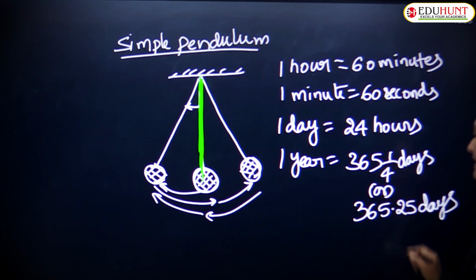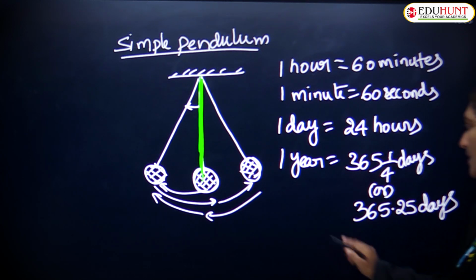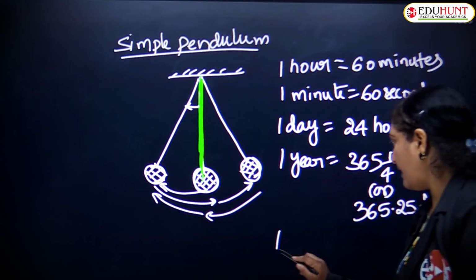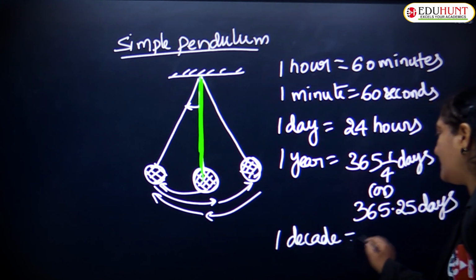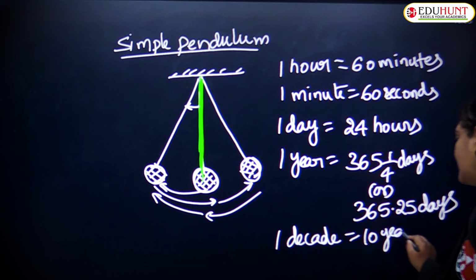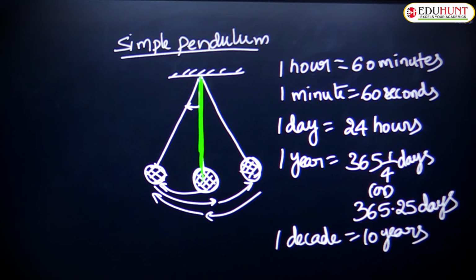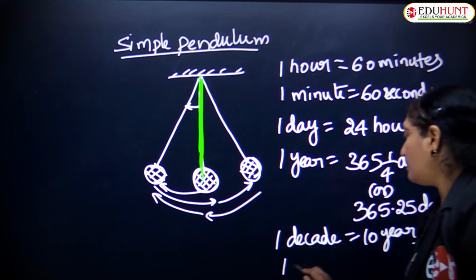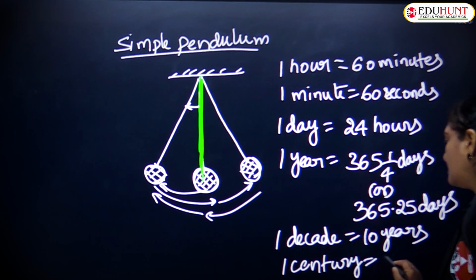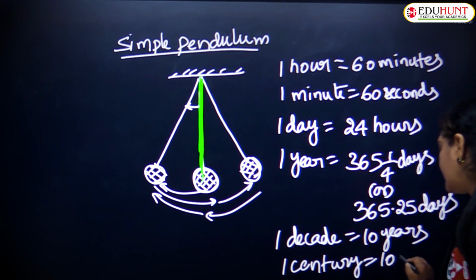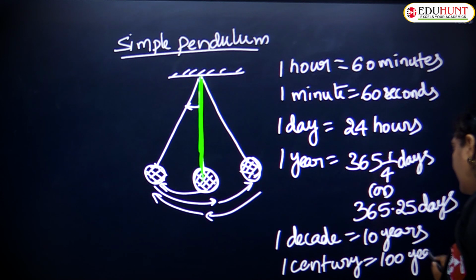So 1 year has how many days, children? 365.25 days. Similarly, we have 1 decade. In 1 decade, how many years are there? 10 years. 1 decade has 10 years. And 1 century. Century means how many years? 1 century consists of 100 years.